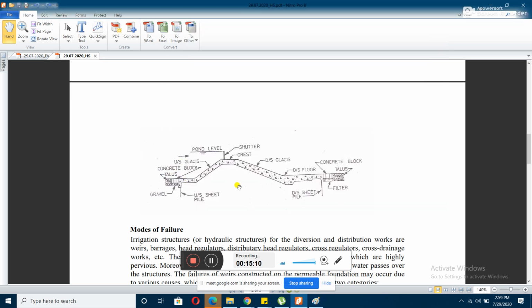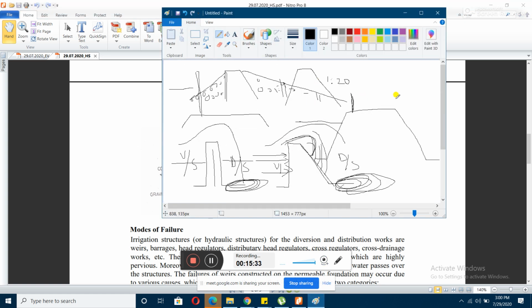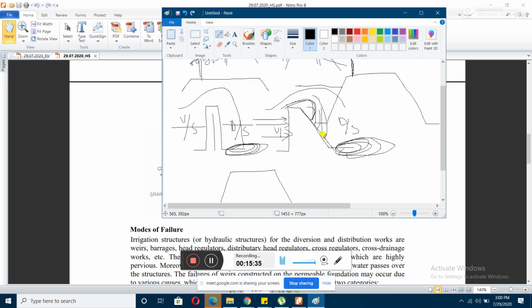In case of concrete weir, that impervious floor is constructed in this pattern. Somewhere it is made plain, the height keeps on increasing, then it becomes plain, then it again keeps on decreasing the slope. As you can see, the slope becomes constant, then keeps on increasing, then becomes constant, then decreases.